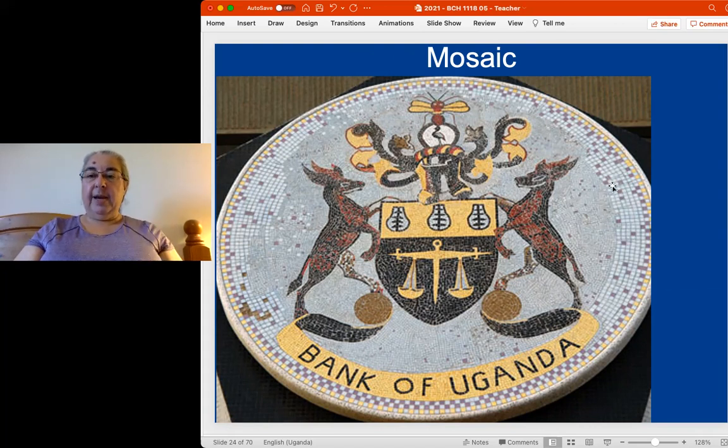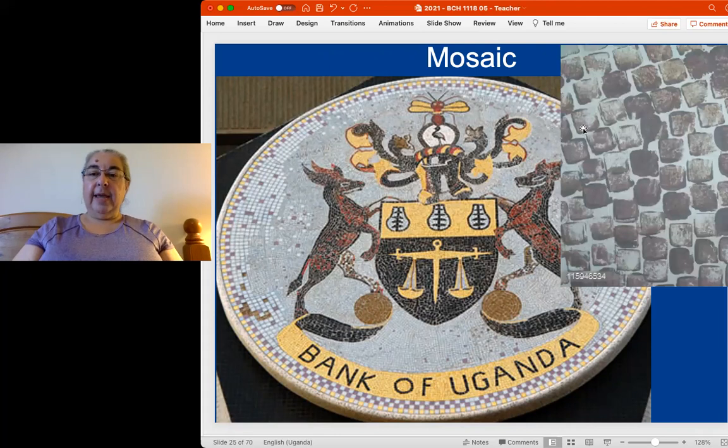If we zoom in and magnify part of it, you can see that each little square is a separate square packed together to make up this picture, and different colors of tile or stone are used to make the features of the picture. So if we look here, for instance, we're mostly pale grey stone and then a few different coloured tiles inside it.